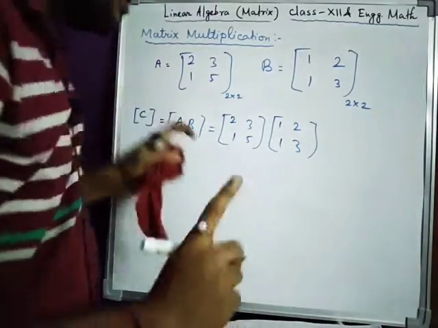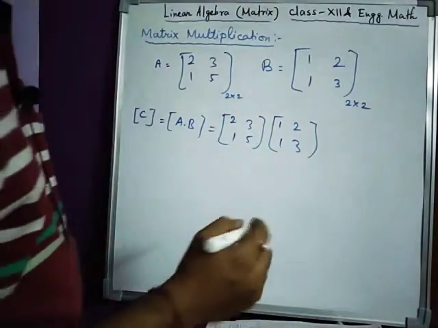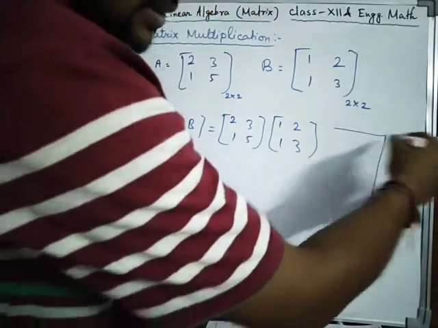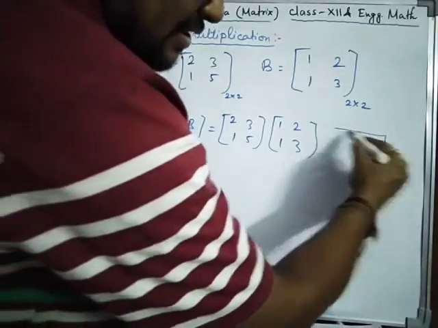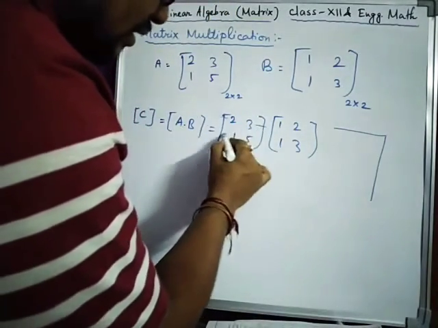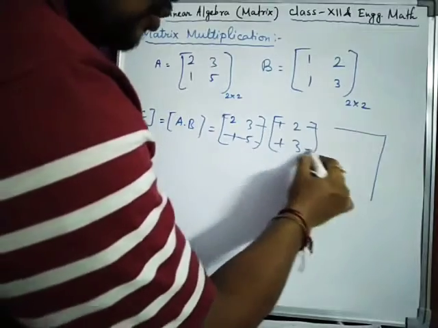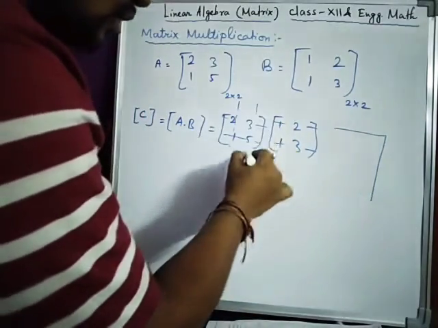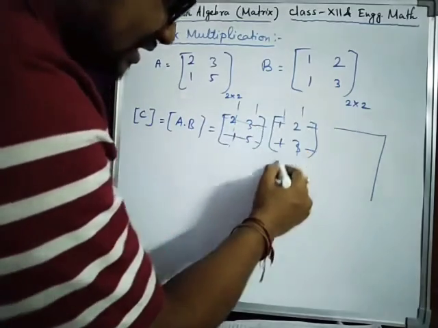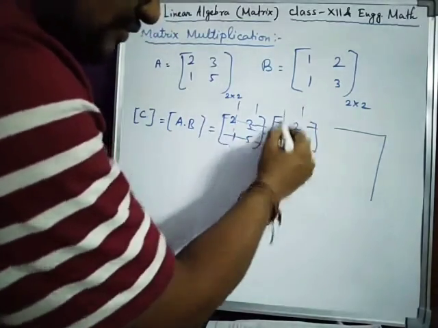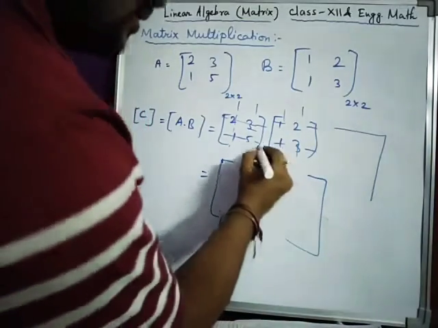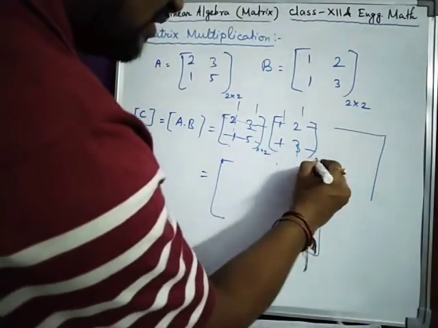First, please listen to me very carefully. The formation is like a 7 formation. Seven means it has a row and a column. Just remember how many rows there are: 1 and 2 rows here, and also 1 and 2 rows here. How many columns? 1 and 2 columns here too. The first row with the first column will be the first element. This is 2 cross 2 and this is also 2 cross 2.